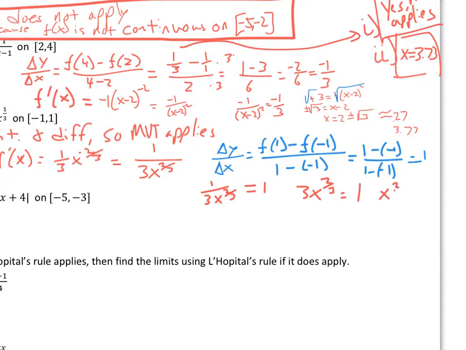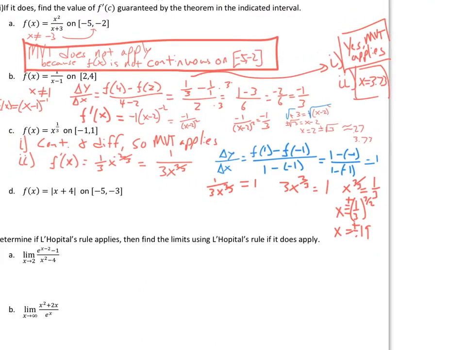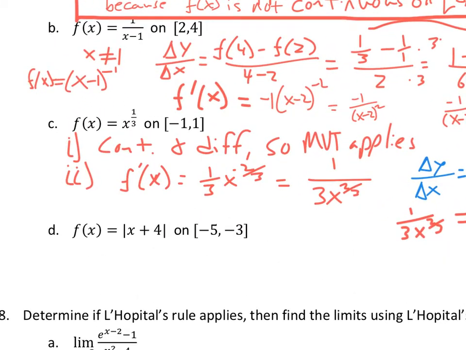So x to the 2/3 equals 1/3, so x is 1/3 to the 3/2 power. Let's go to our calculator for that, and we get about 0.19, and that would be plus or minus, because when you square root, it's going to be plus or minus. So the answer here is x equals 0.19 or negative 0.19. Two solutions there.